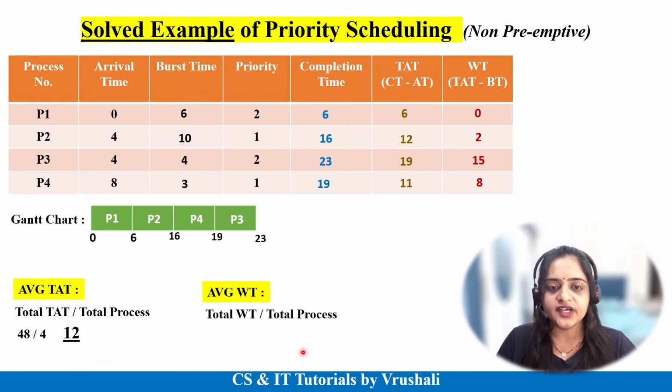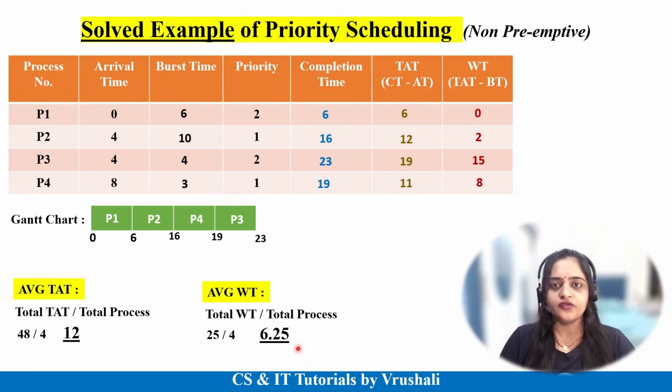Next one is average waiting time, and the formula is total waiting time divided by total processes. So just calculate 2 plus 15 plus 8, that is 25, divided by 4, and the answer is 6.25. So in this way you can solve this example in your exam.